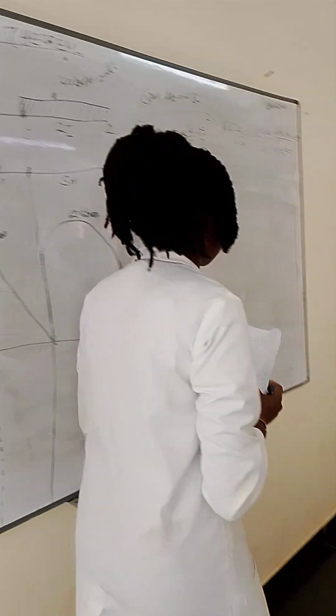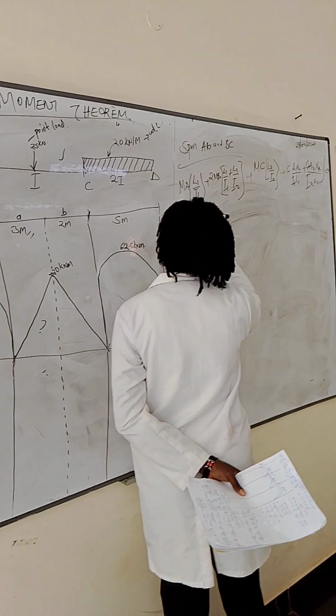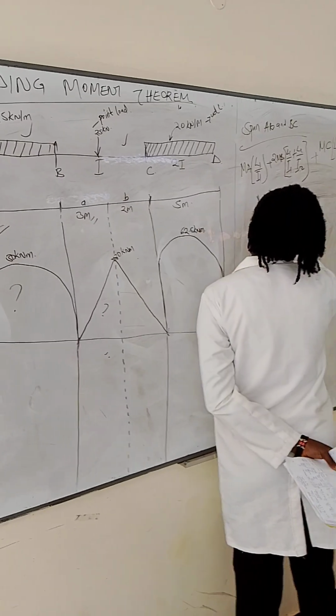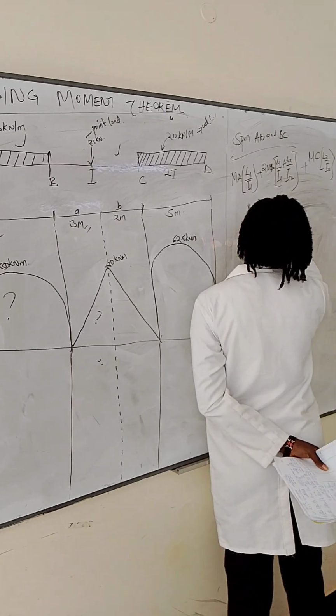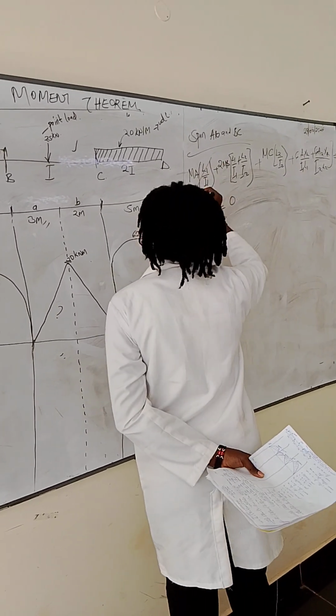Are we together up to that? And then moment at A, MA is equal to 0. So this is 0.